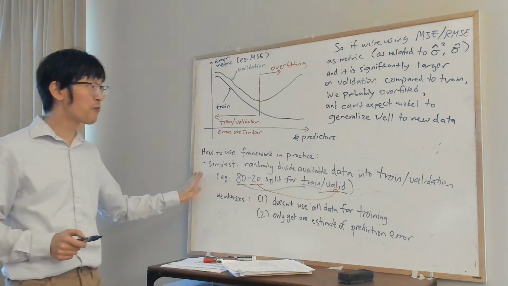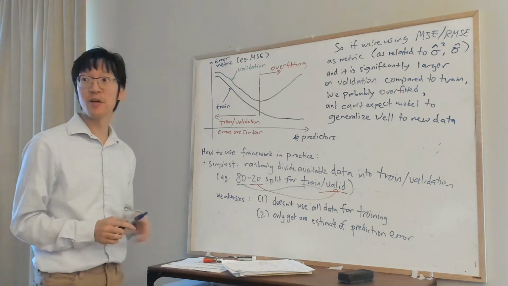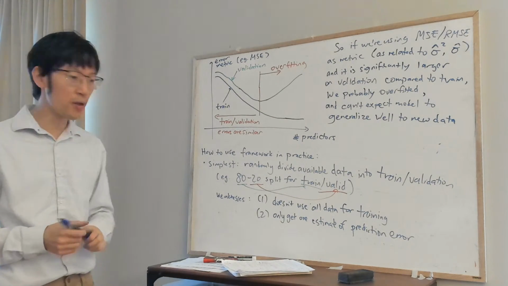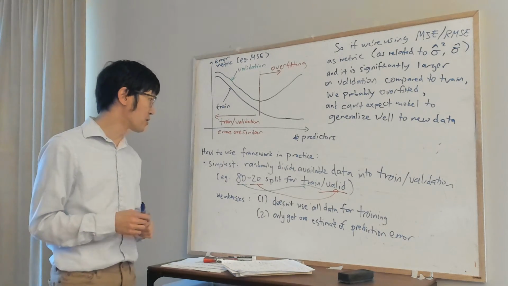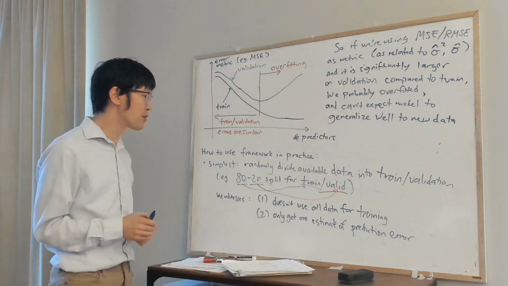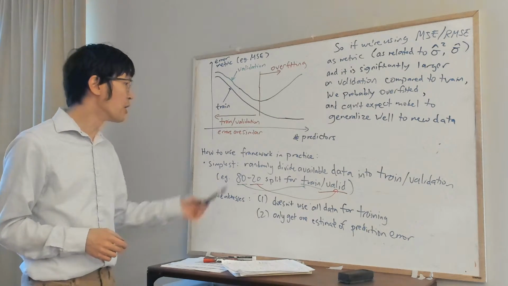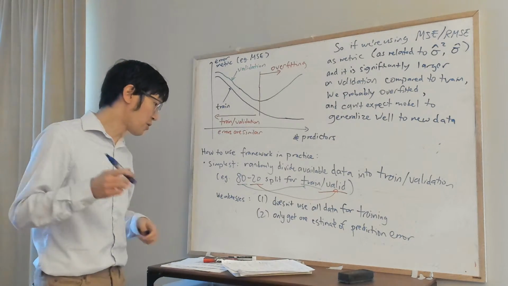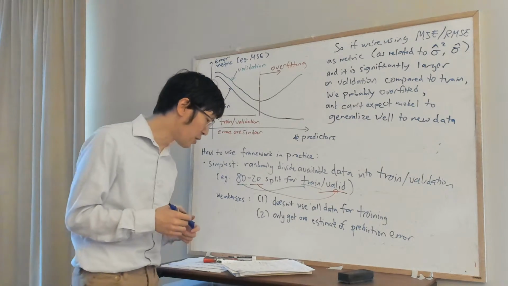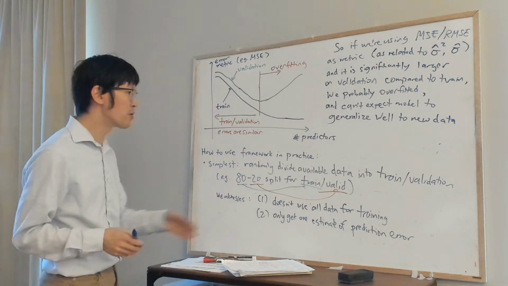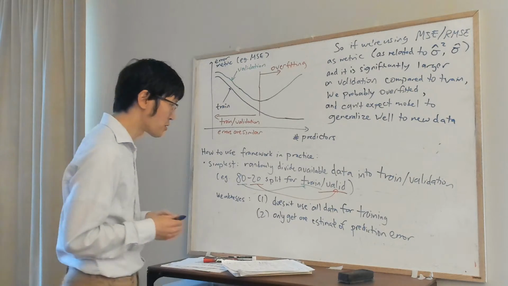If we have a lot of data, like almost unlimited data, then that might not be an issue, but in practice, the amount of data that we have is often limited. There are extensions to this strategy, namely cross-validation, which can overcome both of these weaknesses.